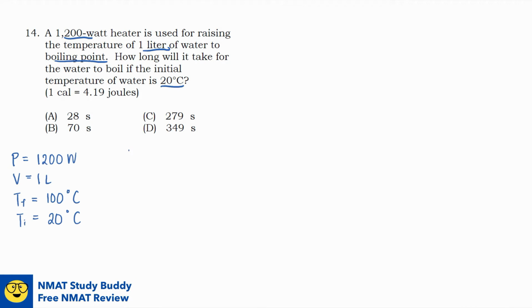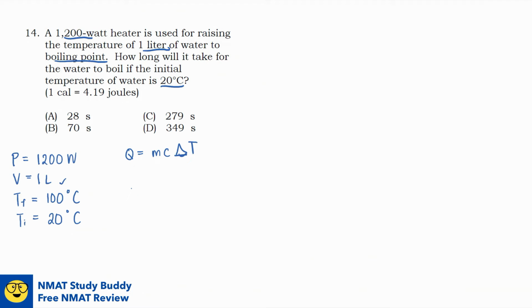So, first, kailangan natin i-calculate yung amount of heat energy needed to raise the temperature of the water. So, yung formula for heat is Q is equal to m, or yung mass, times the specific heat times delta T, or yung change in temperature. Wala tayong given na mass, pero may given tayo na volume na 1 liter.